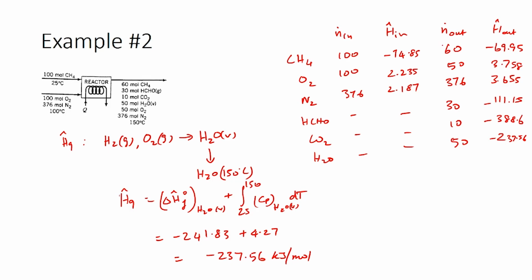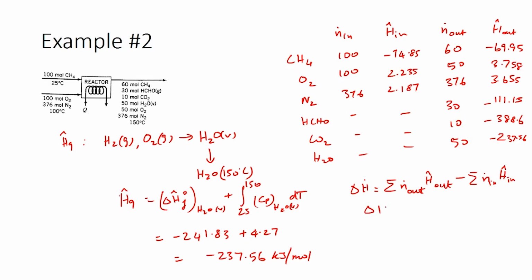and similarly you can calculate the total enthalpy of the inlet stream, and the difference between the two gives delta H dot, which would be sigma N dot out times H cap out minus sigma N dot in times H cap in.